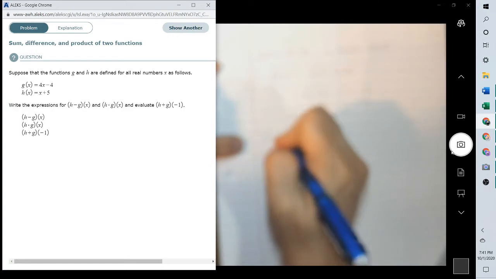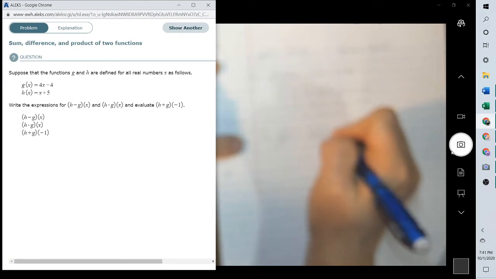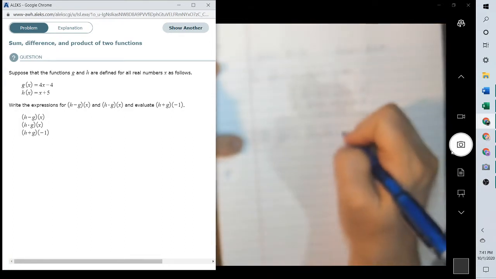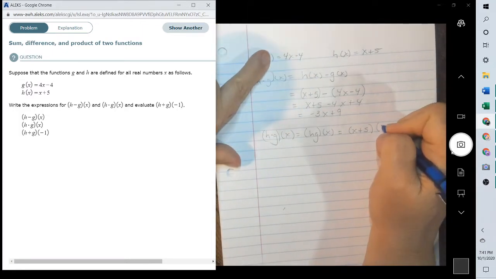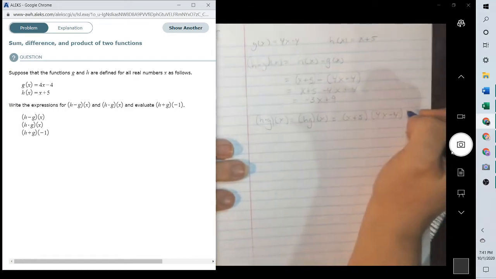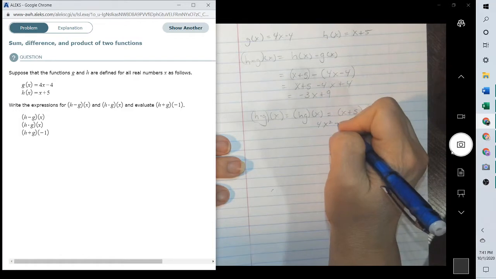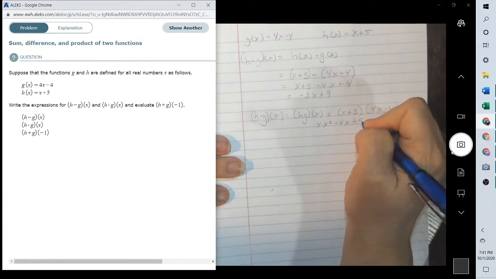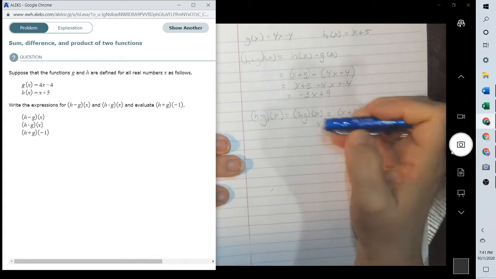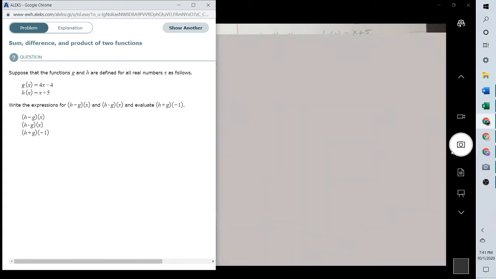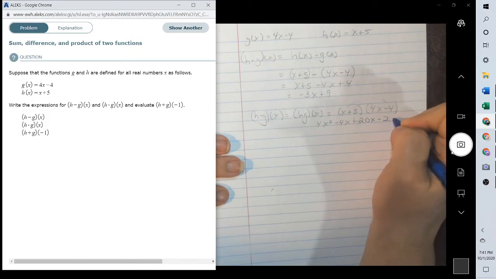This one, and sometimes they don't have the dot there. They could just have hg of x, but that just means to multiply the two. So if we take h and multiply it by the 4x minus 4, we get 4x squared minus 4x plus 5 times 4, which is 20x minus 20.